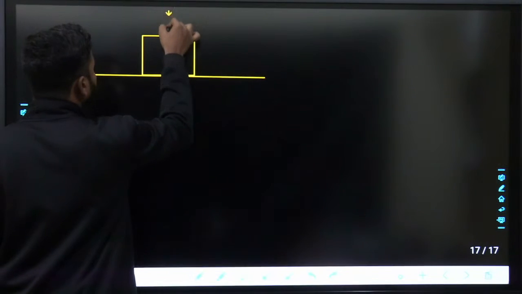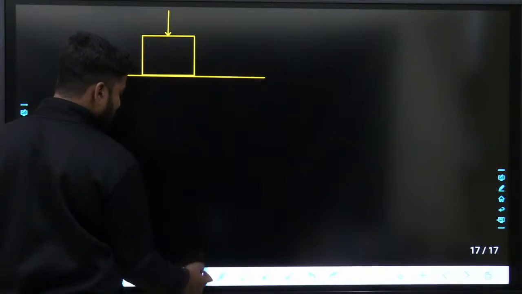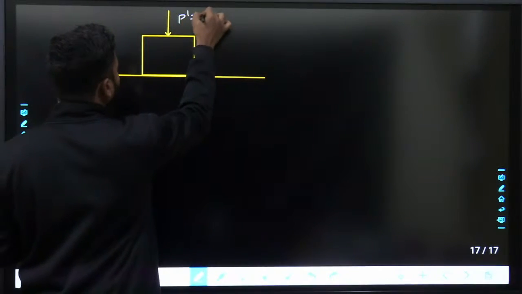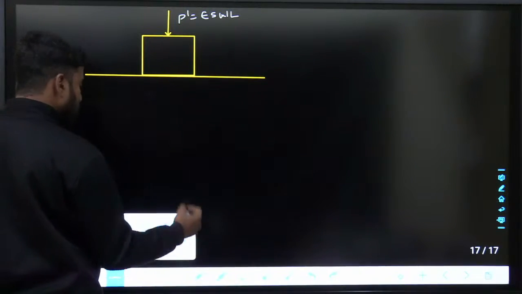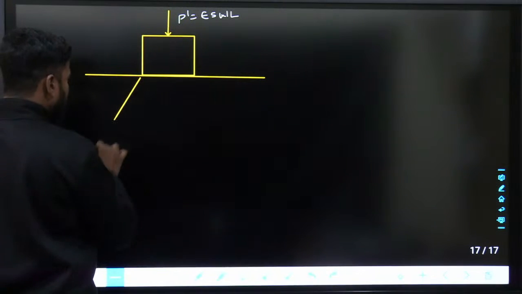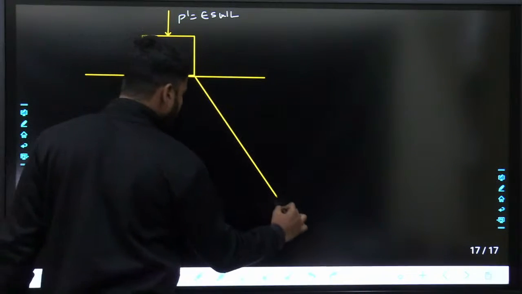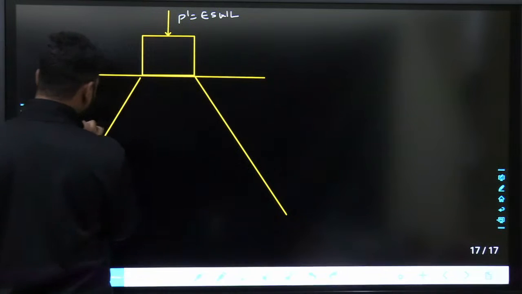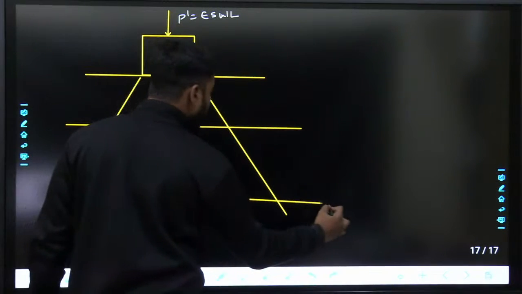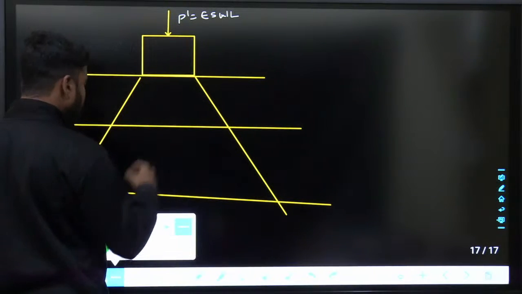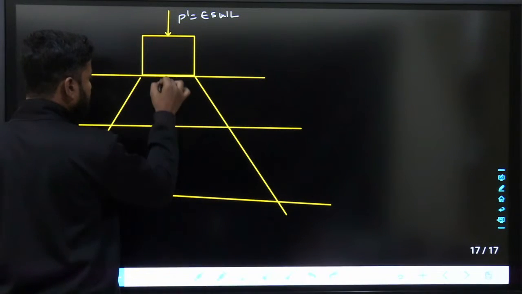I'll replace this by a single wheel load, let us say P dash, that is equivalent single wheel load such that stress at any depth Z is the same as that of stress created by the two wheels.